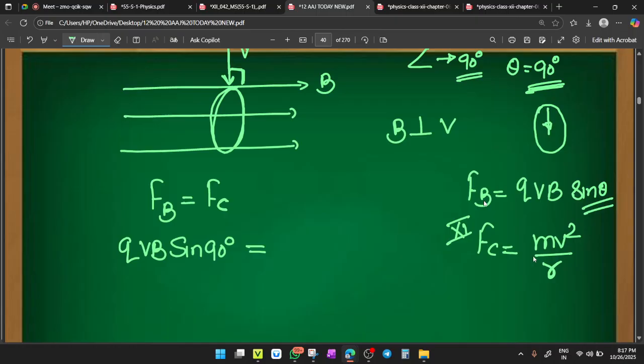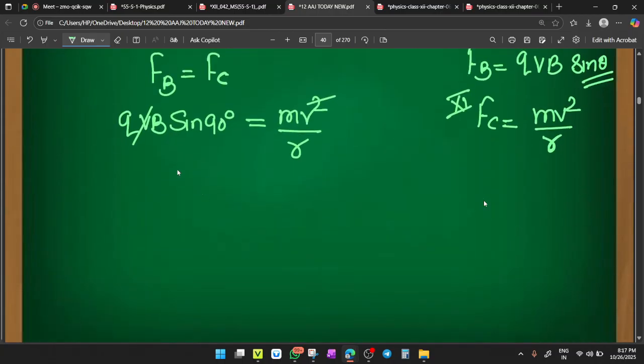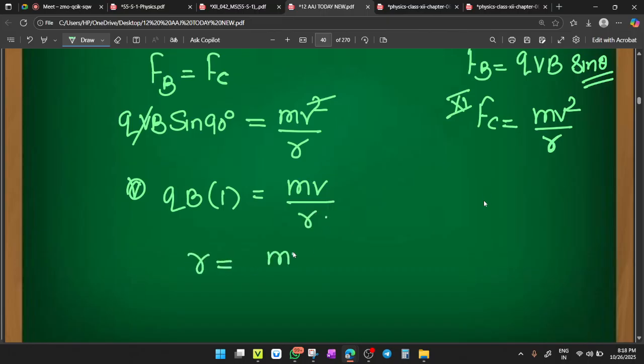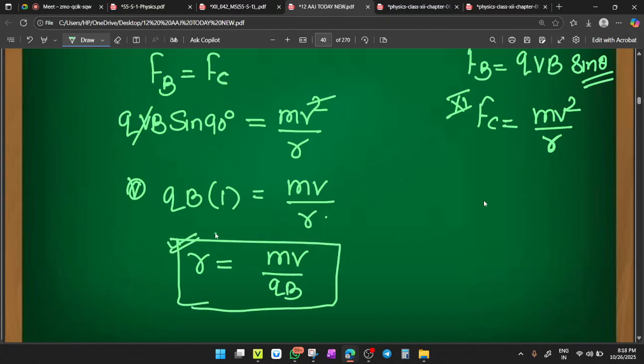They are very important. Now one v and v get cancelled out, and sine 90 becomes 1. So q into b into 1 equals m multiplied by v by r. So r equals mv upon qb. Got it? This is the derivation for the radius of the circular path.